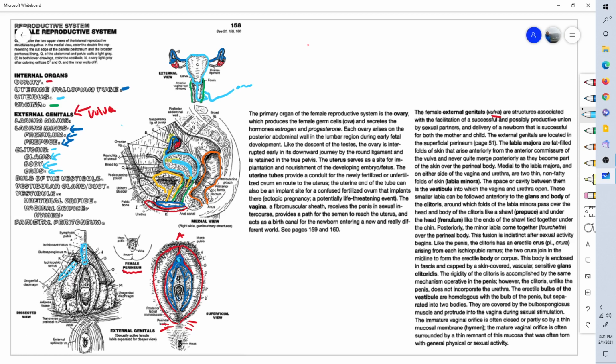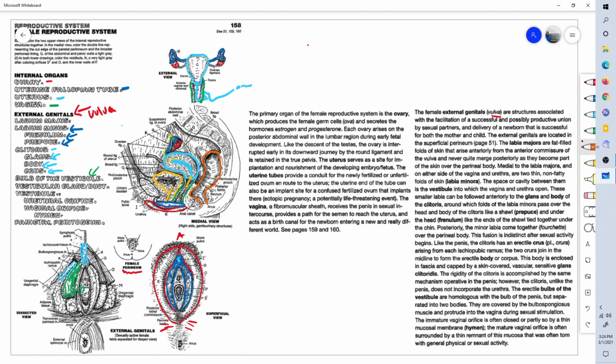The bulb of the vestibule is analogous to the penis as well, in that it is vascularized and becomes flush with blood and becomes rigid, and also presses inward during sexual intercourse and during stimulation.